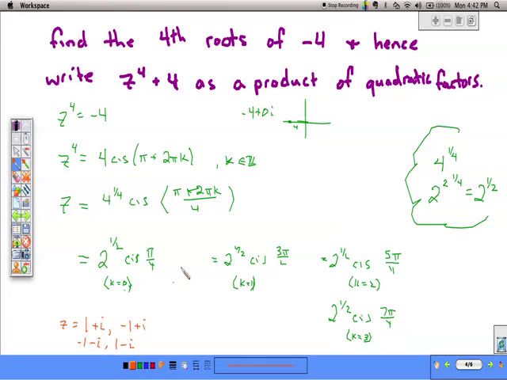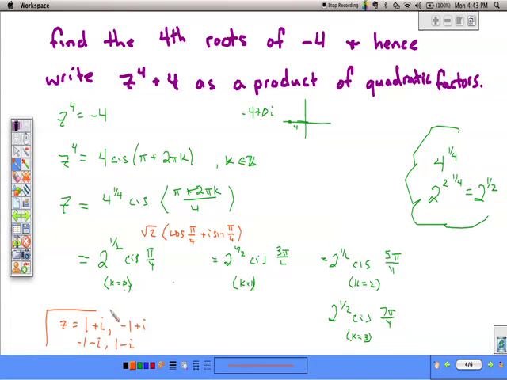Cis pi over 4 is cosine pi over 4, i sine pi over 4. And we're going to get some square root of 2's over 2 canceling, so we get nice complex numbers here. So these are the fourth roots of negative 4.